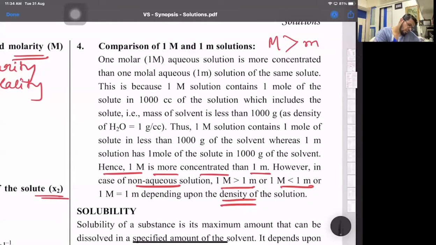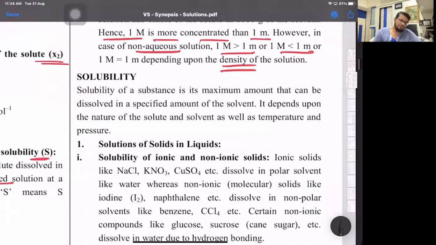Okay. Then comes solubility. Solubility is the maximum amount of solute that can be dissolved in a given volume of a solvent at a given temperature. That's what we call solubility. So, solubility of solids in liquids. The normal principle of solubility is like dissolves like.